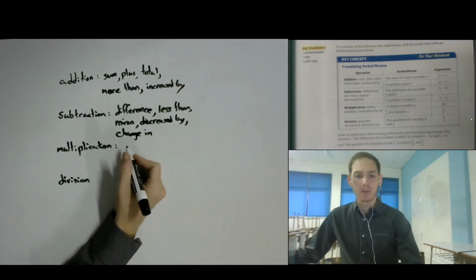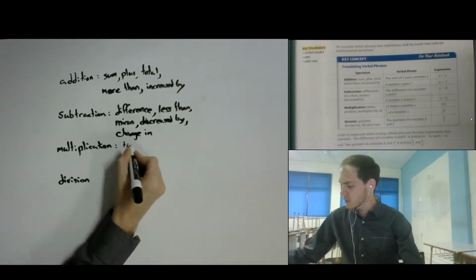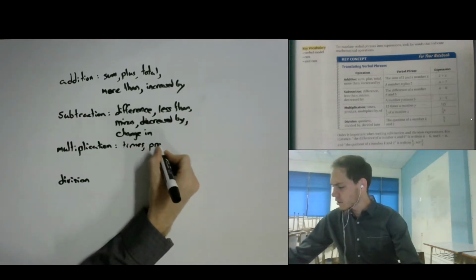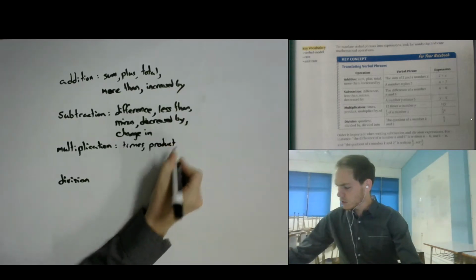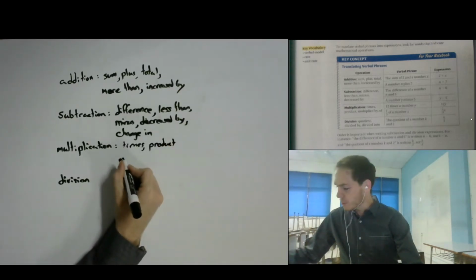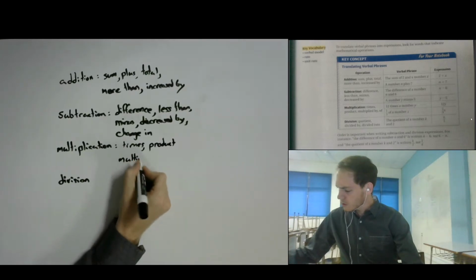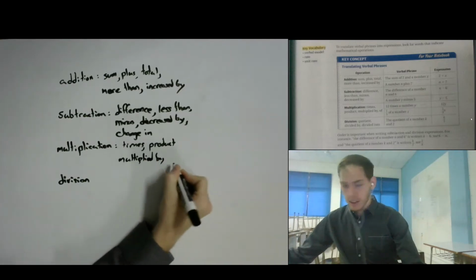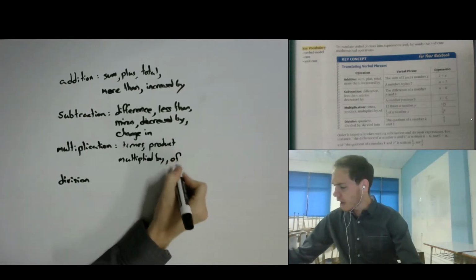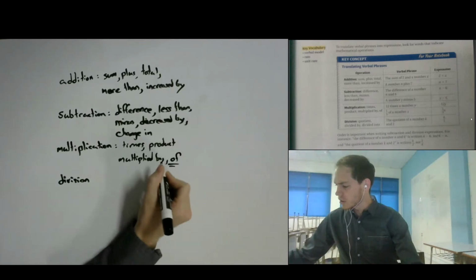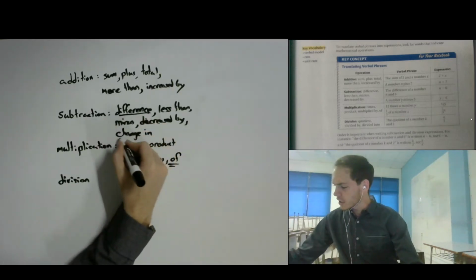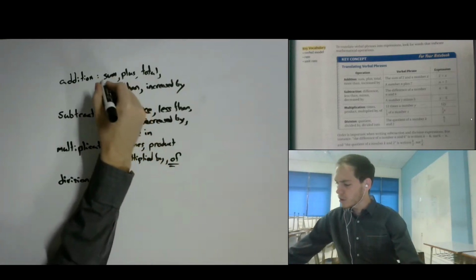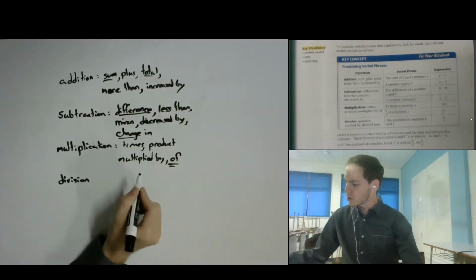And then multiplication will be times, product, multiplied by, and of. Now, I would say of here is the crucial one. I would say difference or change, or even change in, would be important, and sum or total.